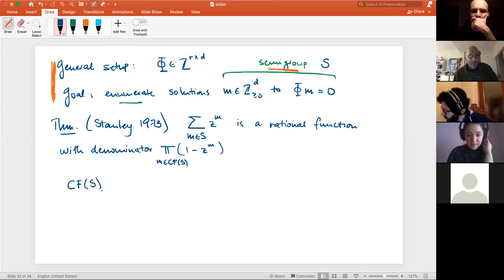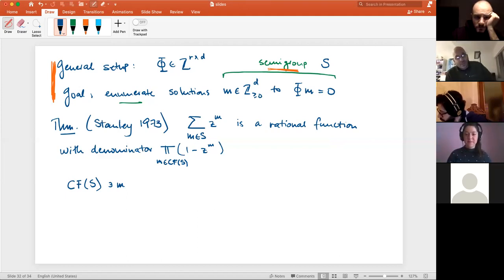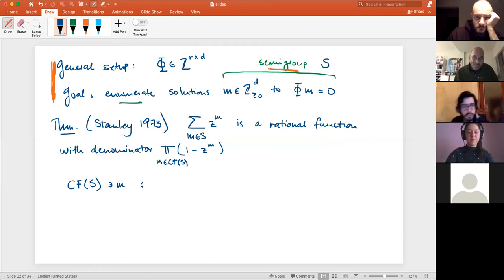Things in here have the property. If you think about a semigroup, a fundamental element in the semigroup is one that can't be decomposed any further as a sum. But you can do one better.